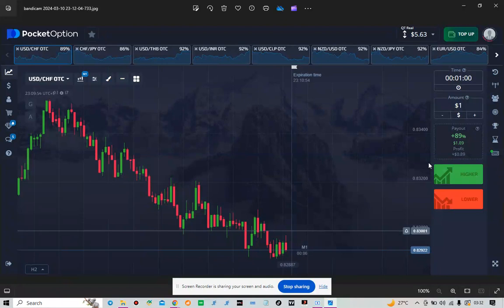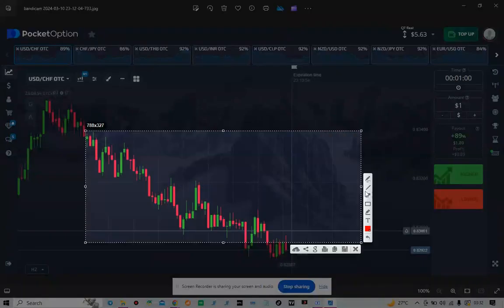With 1 minute expiry time, you only want to predict the next candle, and it's very simple. For some instances, you saw this candle, then the next candle was red.